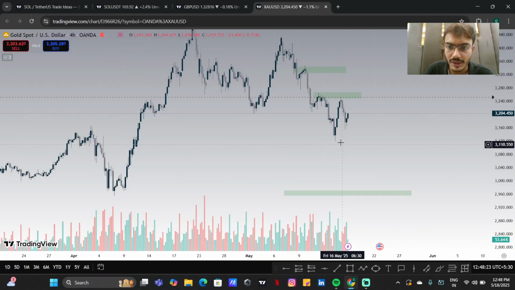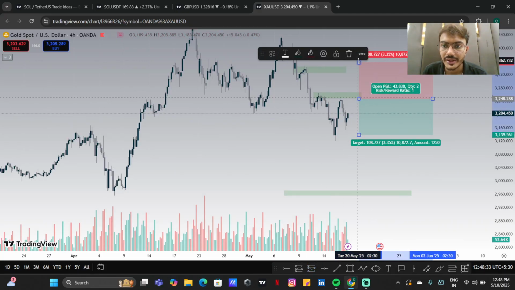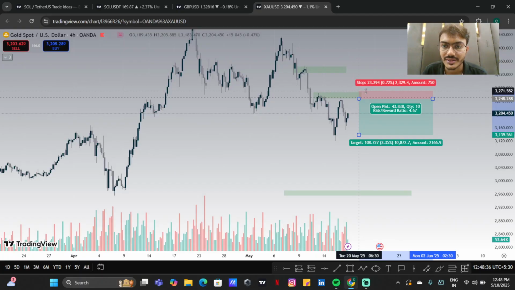So my first TP is going to be over here, SL over here. So my trade is going to look something like this. This is my short position.